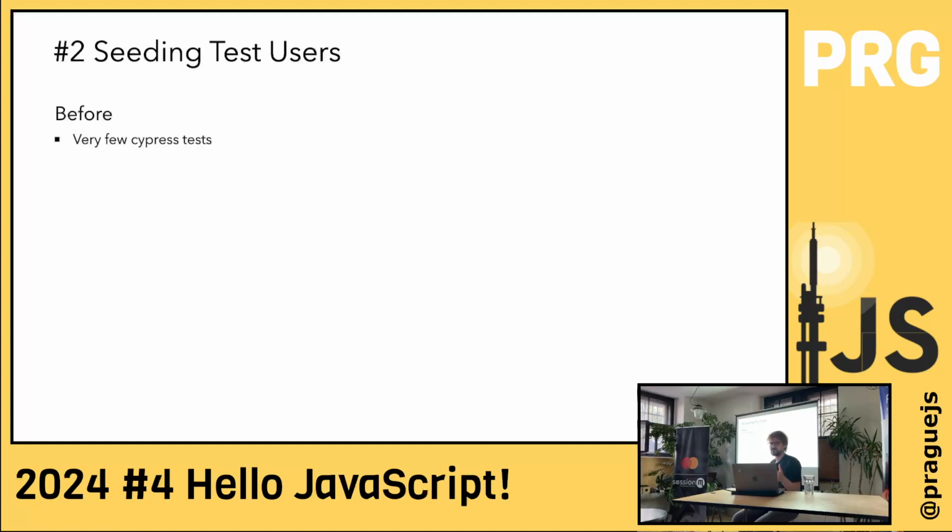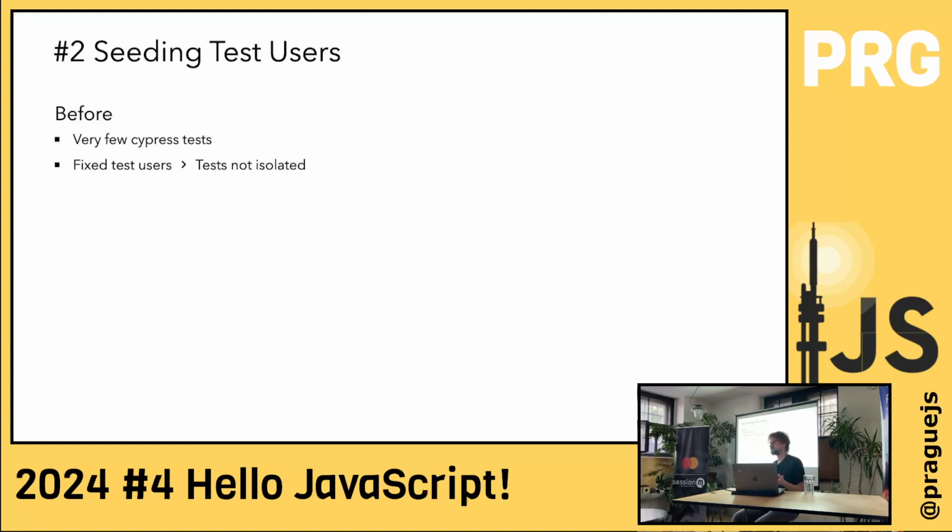Before we started seeding test users, and by seeding, I mean generating the user objects automatically, we had very few Cypress tests. We were limited by having fixed test users which were created on the staging environment and locally, which meant that the tests couldn't run in isolation.